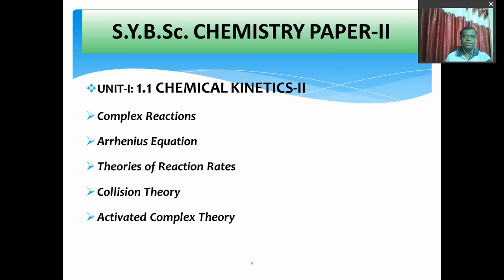Chemistry paper 2 contains 3 units. Unit number 1 is based upon the physical chemistry, that will be taken by me. Unit number 2 is based upon the inorganic chemistry, that will be taken by Bambre sir, and unit number 3 in chemistry paper 2 will be based upon the organic chemistry, that will be taken by Dr. Padekar sir.